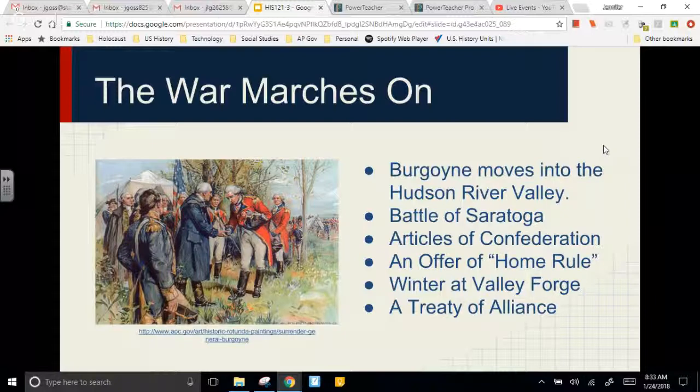Located outside of the city of Philadelphia, Washington holds up his troops that winter in Valley Forge to help them be stationed close to New Jersey and Philadelphia.